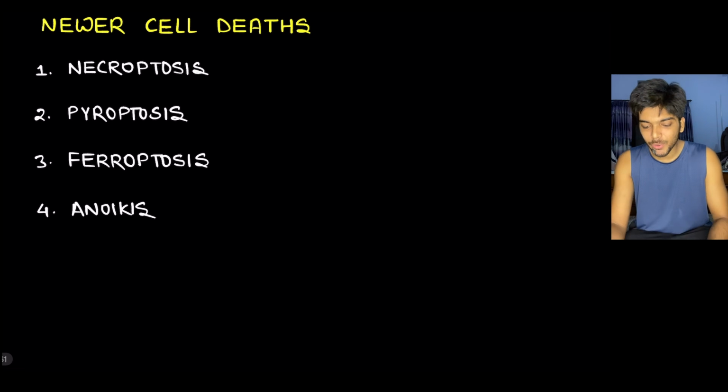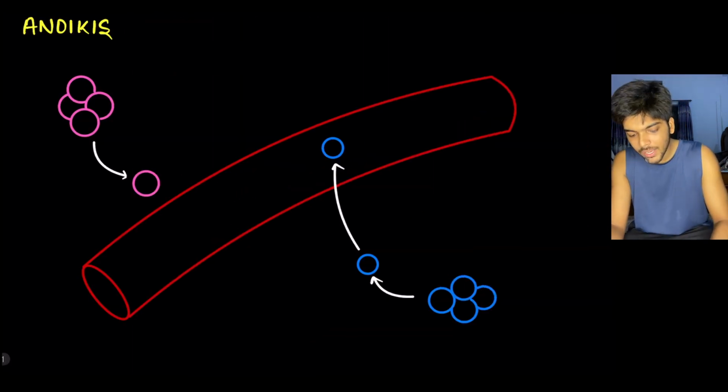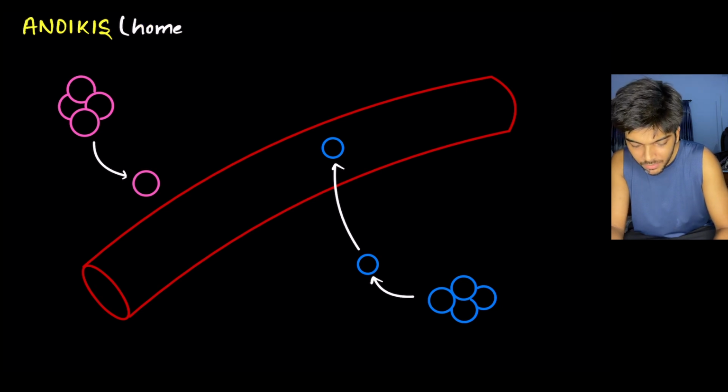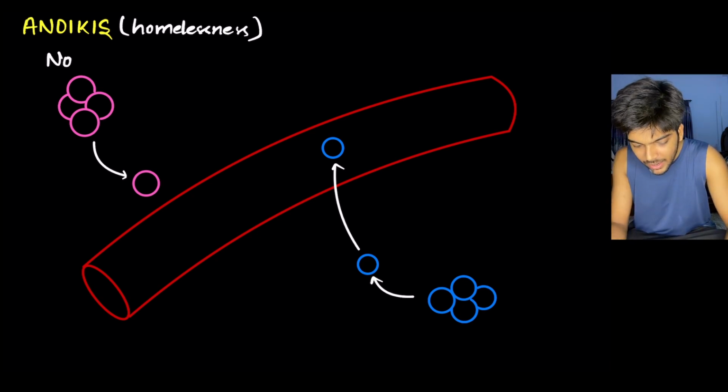Next on the list of newer cell deaths, we have ANOIKIS. What is ANOIKIS? ANOIKIS translates to homelessness. And it makes complete sense because in ANOIKIS, the cell, when it is out of its natural habitat, that is, when it is out of its home, it dies of apoptosis. For example, right here we have a normal bunch of cells.